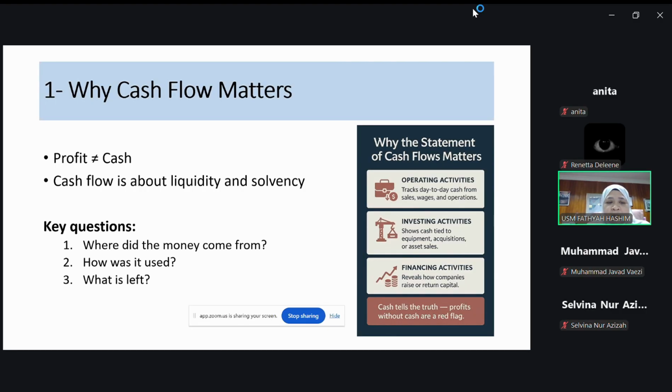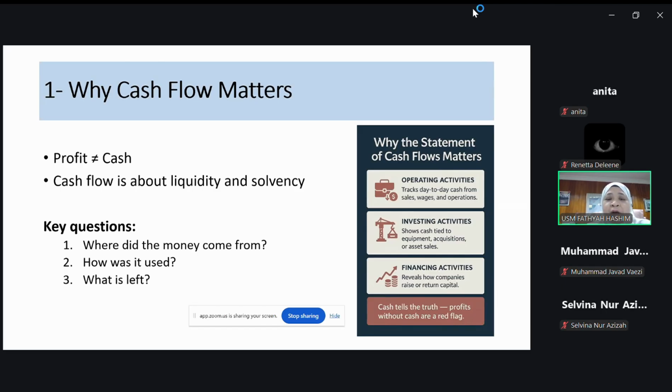And I hope that we are clear by now that profit is not equivalent or the same as cash, because in the preparation of profit, we use the accrual basis to derive the profit line in our income statement, where the revenue or the income is realized even though there is no cash receipt, right?